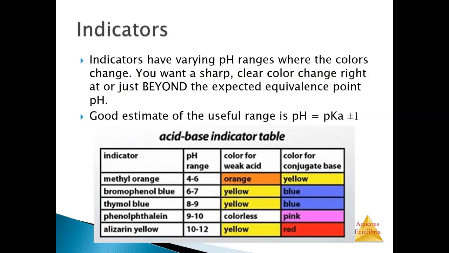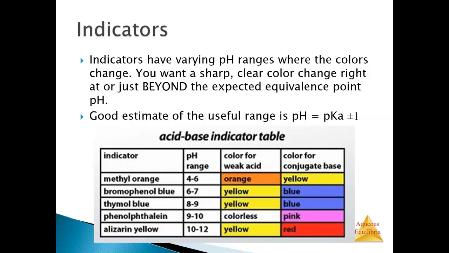So indicators have a varying pH range where that color is going to change. We want a sharp, clear color change just beyond the expected equivalence point pH. And a good estimate of your useful range is that the pH of your indicator is going to be about plus or minus 1 of the pKa.